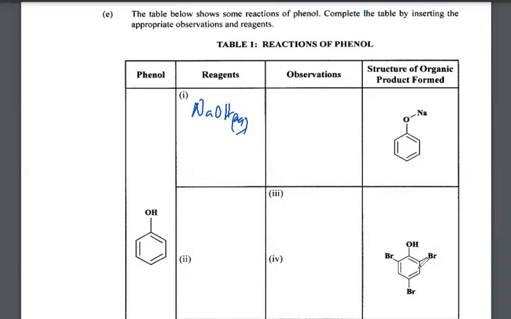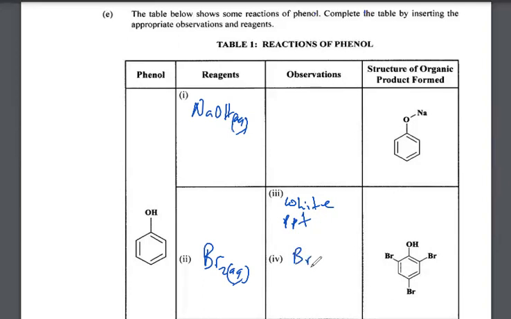For the second one, 2,4,6-tribromophenol. What would we react phenol with to get this compound? Bromine. Tell me two observations. White precipitate, and it's going to decolorize rapidly.